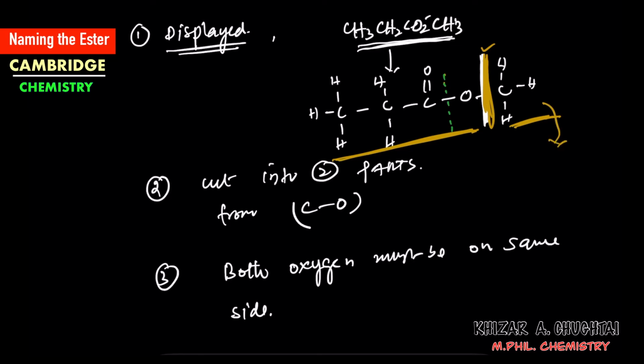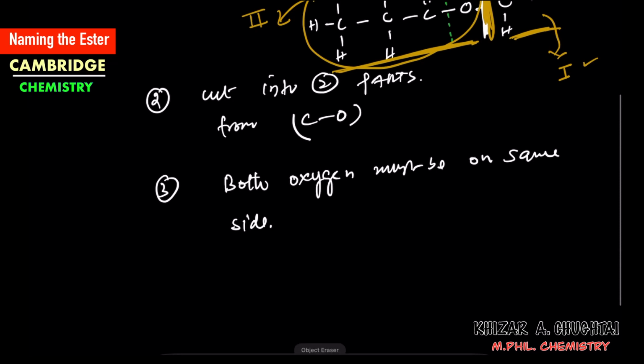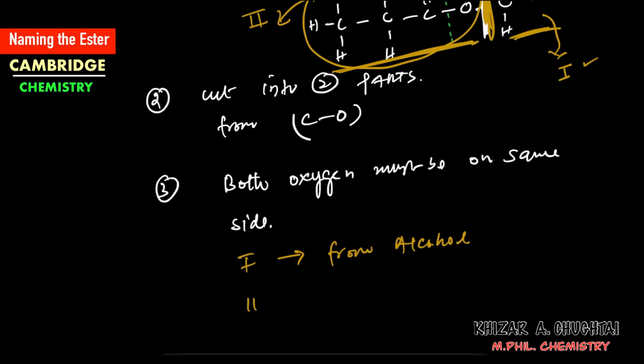This portion that has no oxygen, let's suppose this is portion number 1, and the portion that has both oxygens, let's suppose it's portion number 2. The first portion is written first, then we will write the name of the second portion. This first portion is basically from alcohol, and the second portion comes from acid.